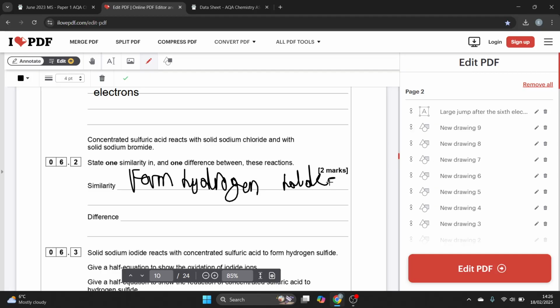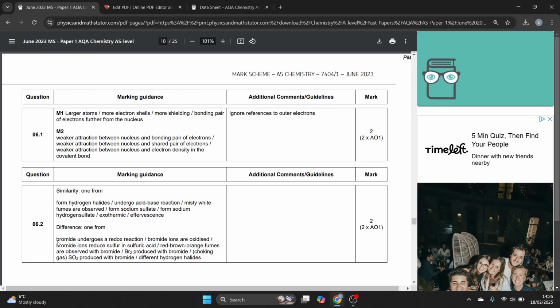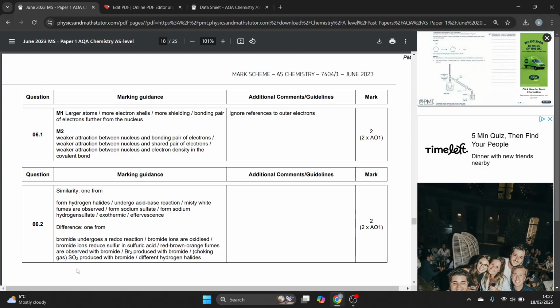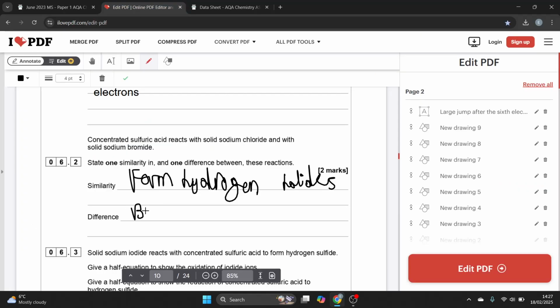And then the difference is just how well you know these equations. Well, if you do know them quite well, you know bromine. You could also say that sulfur dioxide is produced with bromide, or just say bromine undergoes a redox reaction. That's probably the most common one.